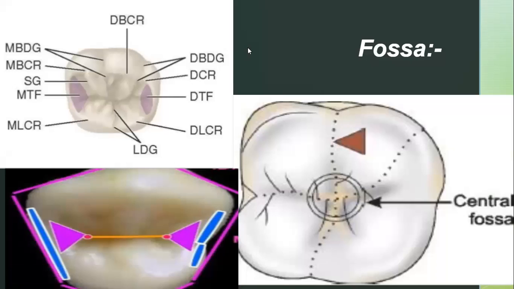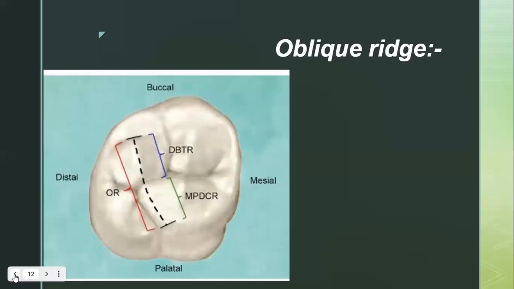Next we have fossas, right? A fossa is basically a depression, a concavity. We have the lingual fossa on the lingual surface of incisors. If we look at the incisor tooth, we find a central fossa on the lingual surface, as you can see in this picture.